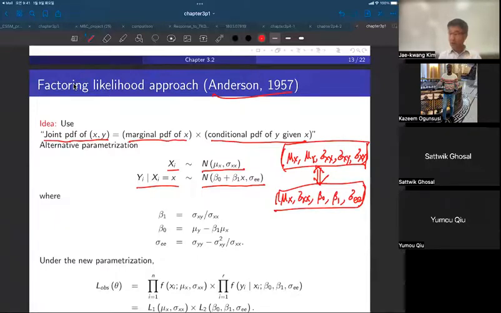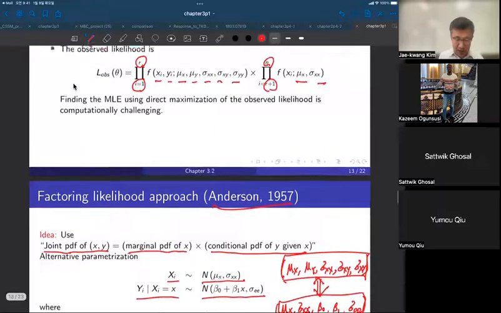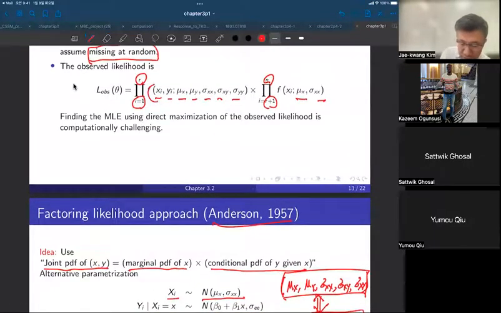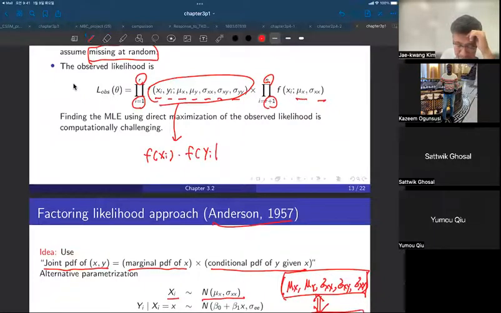Okay. So what is the big deal about this? Well, now you can express this joint density as a product of a marginal and a conditional. And then this is what?